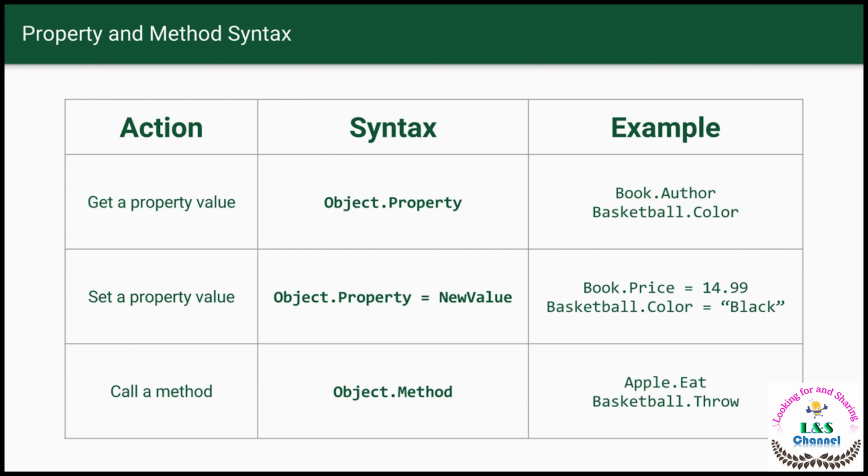Similarly, if we want to change the value of the color property on a basketball object, we would do the object, basketball, dot, the property, which is color, an equal sign, and the new value on the right, which in this case is black. I want you to notice here that black is written in double quotes, and this is very important. When we have something written in double quotes, in programming terms, we call that a string. A string represents a collection of text or characters.